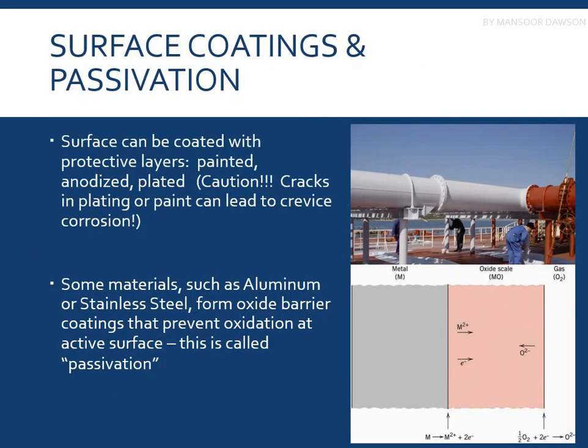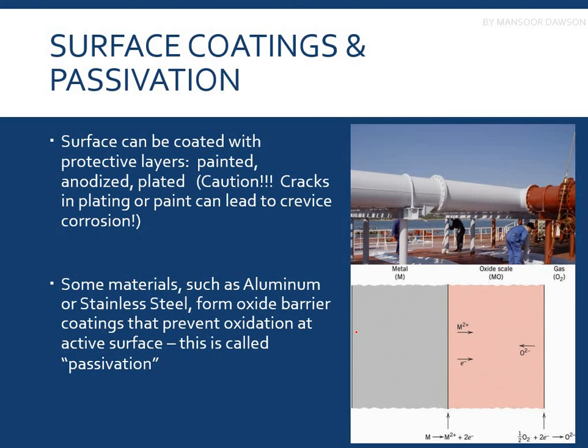Next we have surface coating and passivation. If you want to have a passive layer, some of our materials like aluminum and stainless steel, which you see in this paragraph, form an oxide layer on top, reacting with the oxygen and further protecting the metal from oxidation, which is called passivation, as I explained earlier.